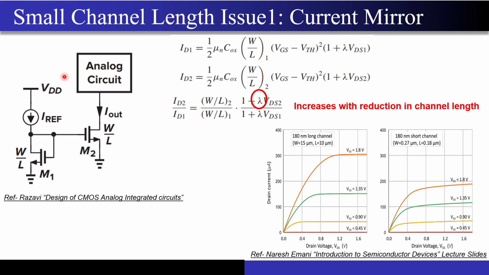So as lambda ID increases, R1 should decrease, since an ideal current source should have infinite resistance and a non-ideal one should have less. Does that mean that as we use more and more short channel devices, the lambda will increase, because of which we are going to have these non-idealities? That's absolutely correct.